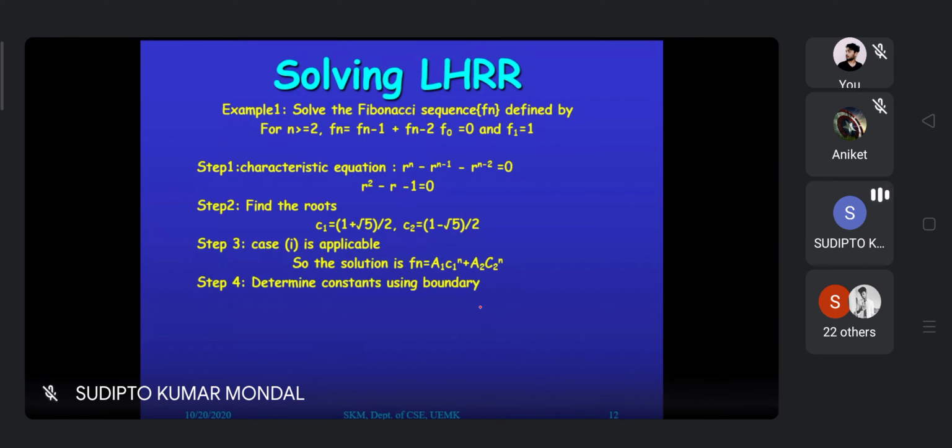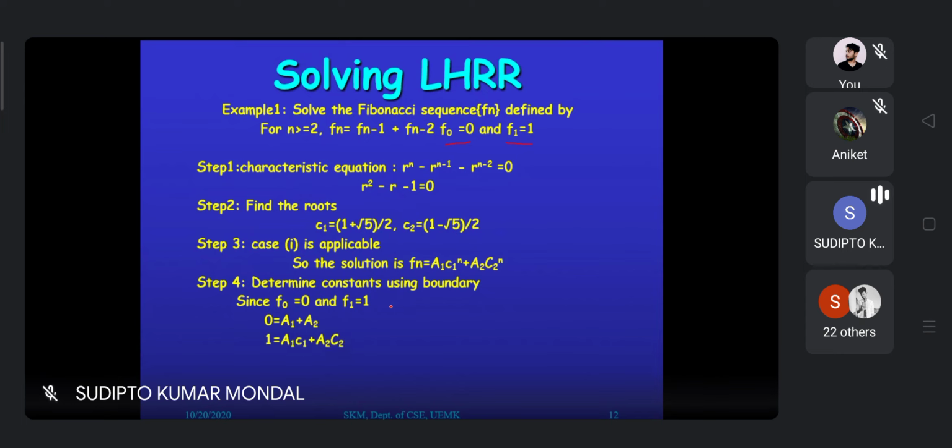Finally, step 4 says that the constants a1 and a2 we have to identify using the boundary conditions. What is the boundary condition? If n equals 0, then it is 0. If n equals 1, then it is 1. These two are the boundary conditions. So use these boundary conditions and determine the values of a1 and a2.